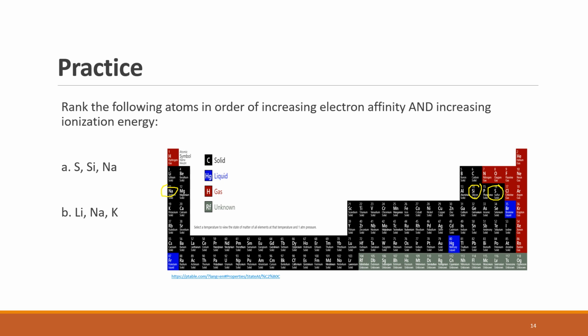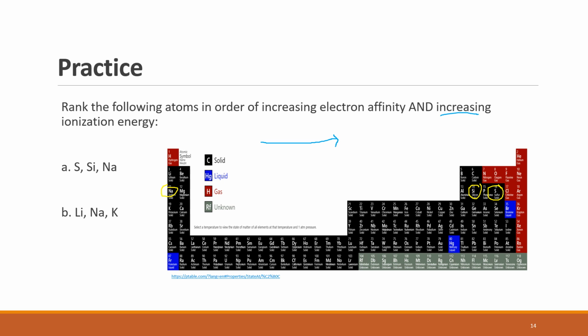So remember, for ionization energy and electron affinity, the trend was that we are increasing as we go across, because it's harder to pluck electrons off of those really, really tiny atoms in this upper right-hand corner. So that means the one with the least, because remember we have to start with the lowest ionization energy because we're supposed to be going in order of increasing according to the question.